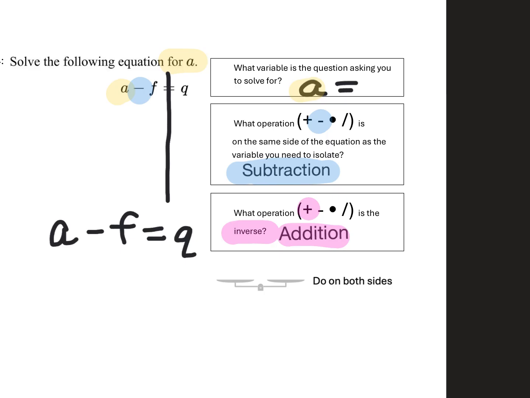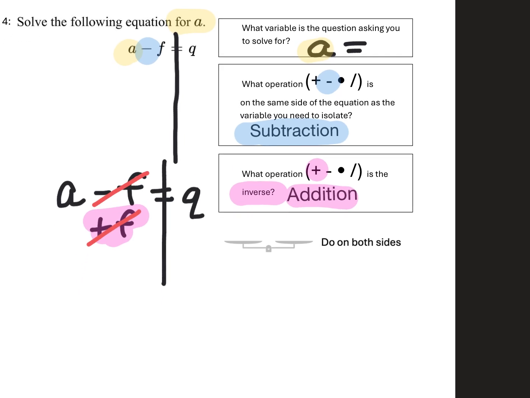In order to cancel out the F, I will need to add F, because adding F is the inverse of subtracting F. And once I do that, my minus F and my plus F will cancel each other out because they are inverses. And so now I have my A isolated exactly the way I want it to be.